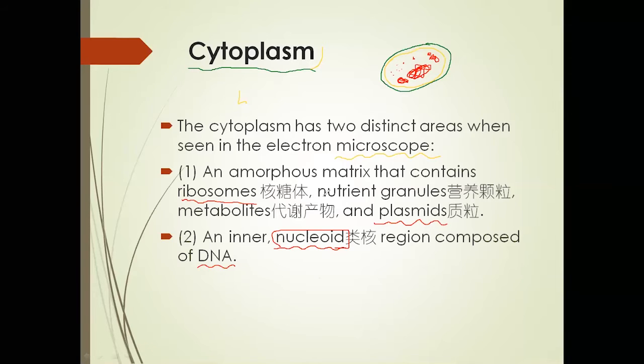That's basically some nutrients and also some waste products, also inside the cytoplasm. That's like a small environment for the bacteria to live. So that's generally what is in the cytoplasm.